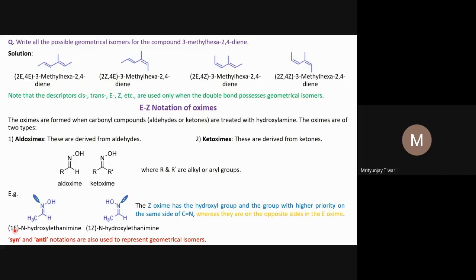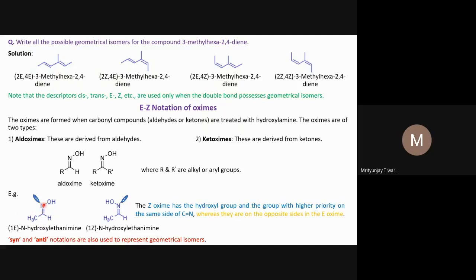So this is 1E, N-hydroxyl ethanimine. The double bond to N makes this group an imine, and the hydroxyl group is attached to nitrogen, so we call it N-hydroxyl, at the first position. The numbering starts from here to get the longest carbon chain: carbon 1 and 2.